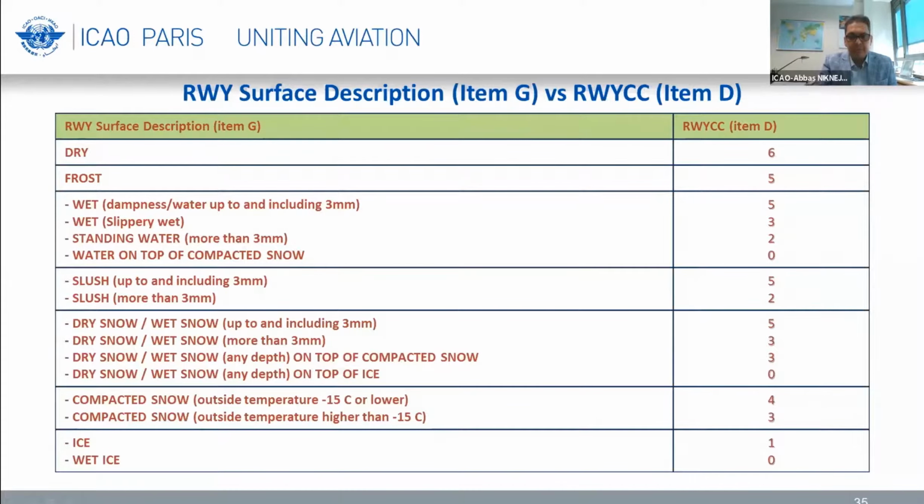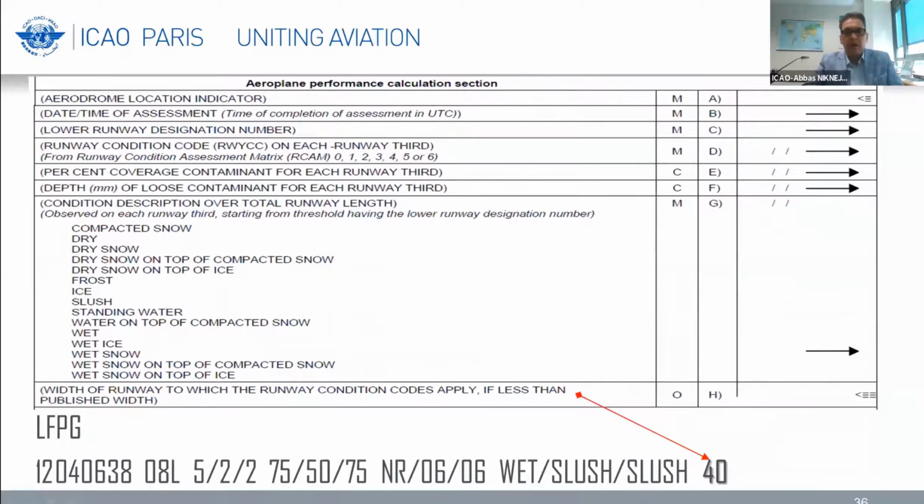Item H is optional in the first part or first section.